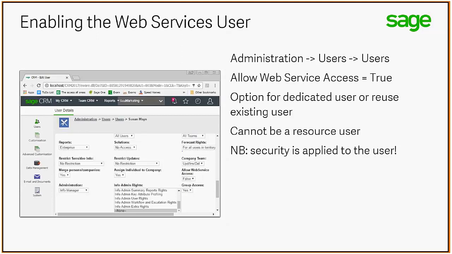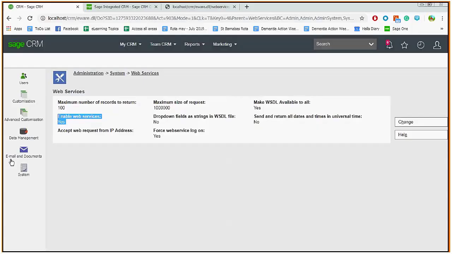Here I'm also going to start thinking about where we can use CRM. We have to enable a particular user, and so let's assume that, as we've got in here, I've enabled web services. I've got my WSDL turned on, and we can see that there are different options here for handling the way in which fields are described. Drop-down fields as strings in the WSDL file?